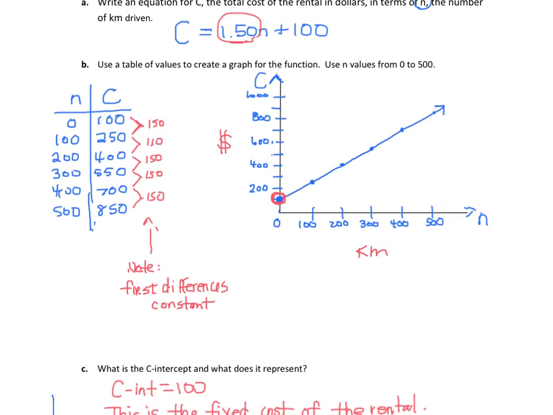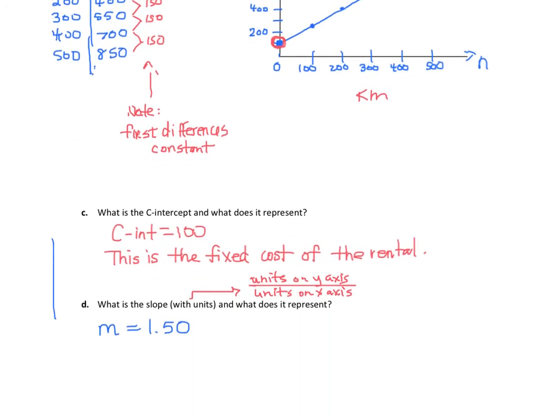So the units for your slope would be dollars per kilometer.